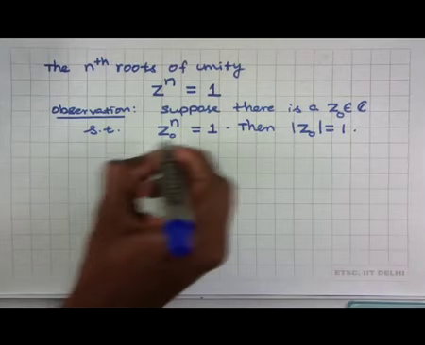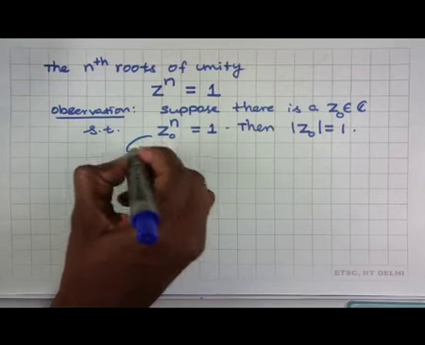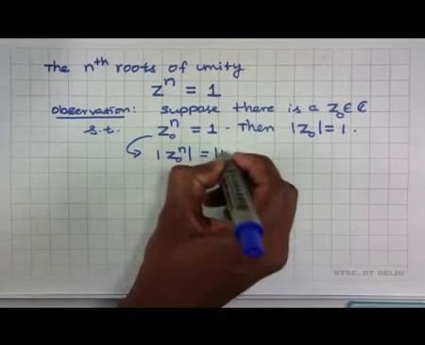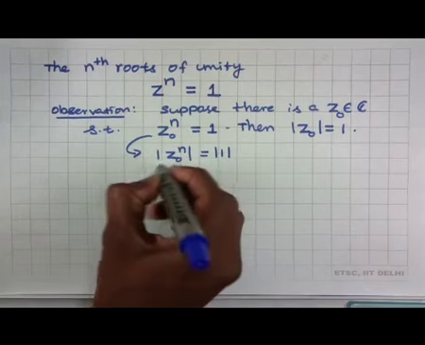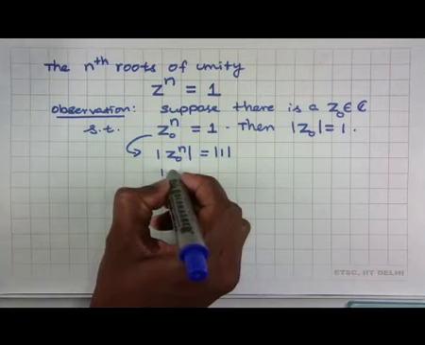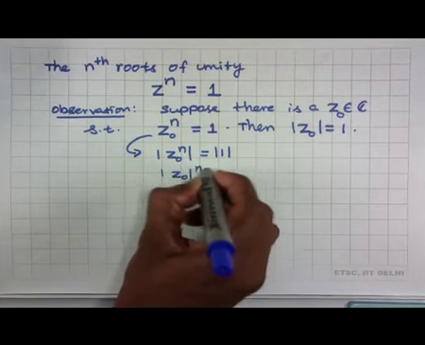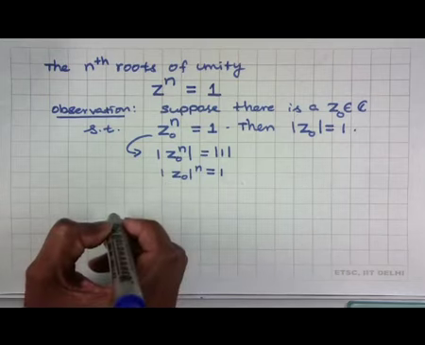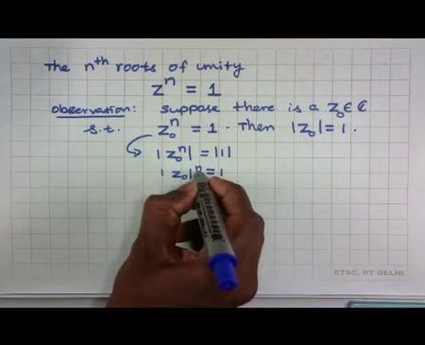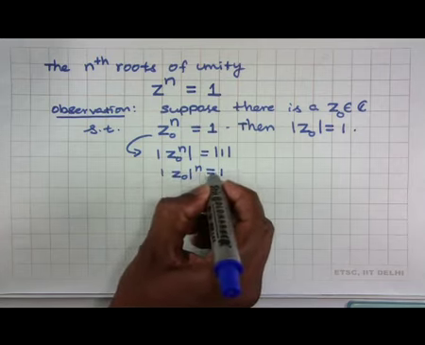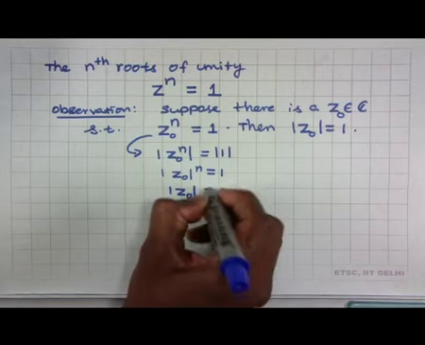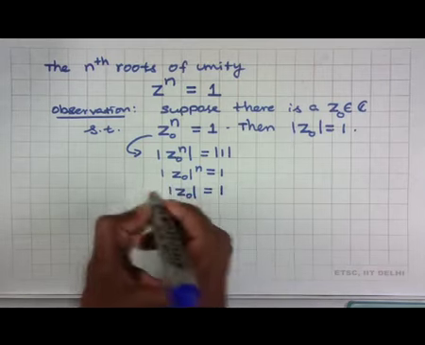From this equation, the modulus of z0 power n and the modulus of 1 must be equal, and we know that mod z^n is the same as mod z power n, and the modulus of 1 is just 1. Now we are asking for a non-negative real number whose power raised to n is equal to 1. This happens only when mod z0 is 1, in the real numbers.